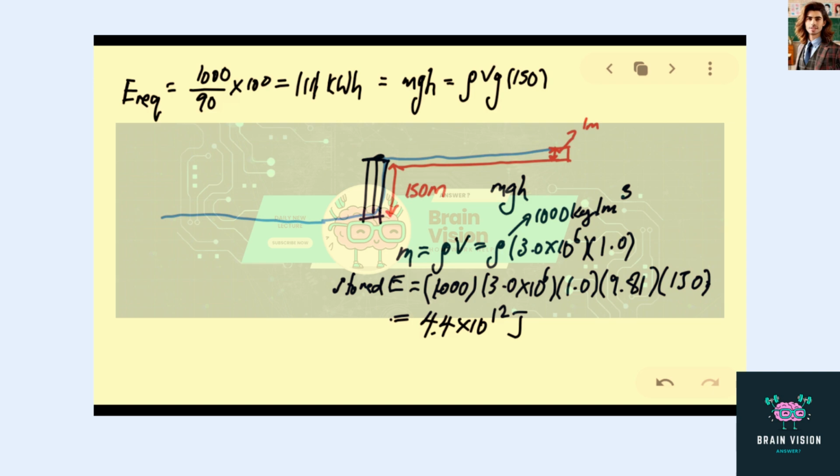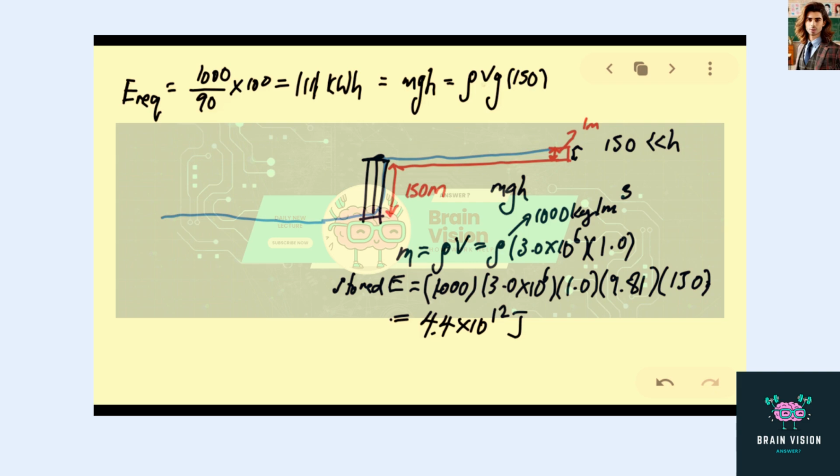And to be able to do this, we need to make the assumption that the height of the volume that is required is sufficiently smaller than our 150 meters distance. Right, so this is the assumption. Then we're going to check whether this assumption holds subsequently.